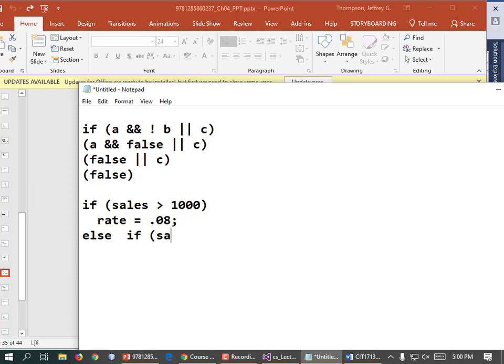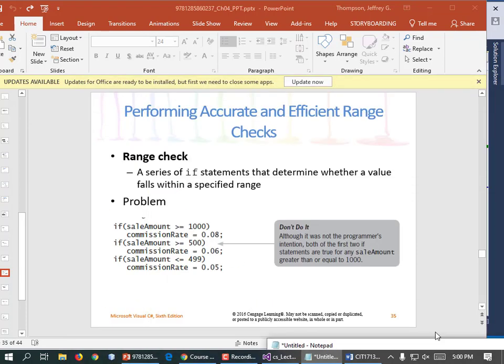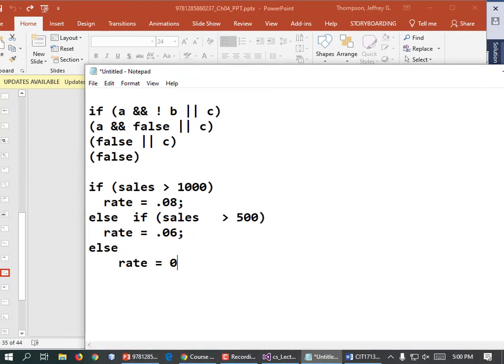Else, if sales is greater than 500, then the rate is equal to 0.6. Else, the rate is equal to the lowest one, 5%. Right. That'd be the correct way to do it.